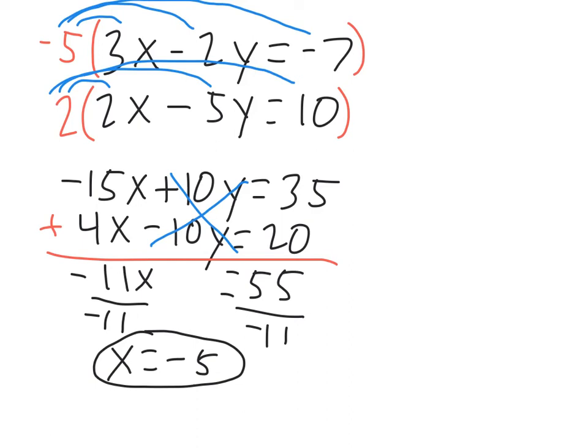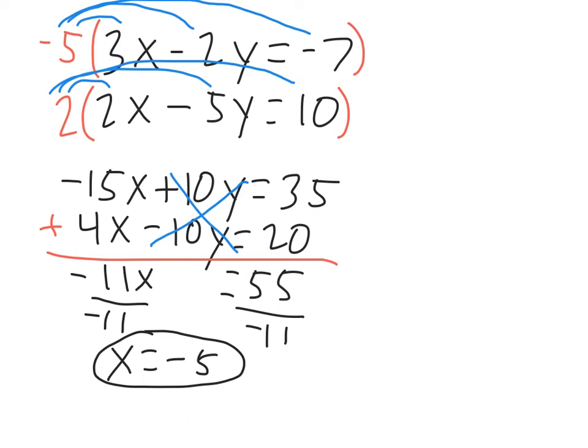Now that you have x, you can go back into one of the original equations and solve for y. So now this is back to the steps of substitution. We've got either equation, doesn't matter which equation you pick. I'll just go back to the first one, the very top.